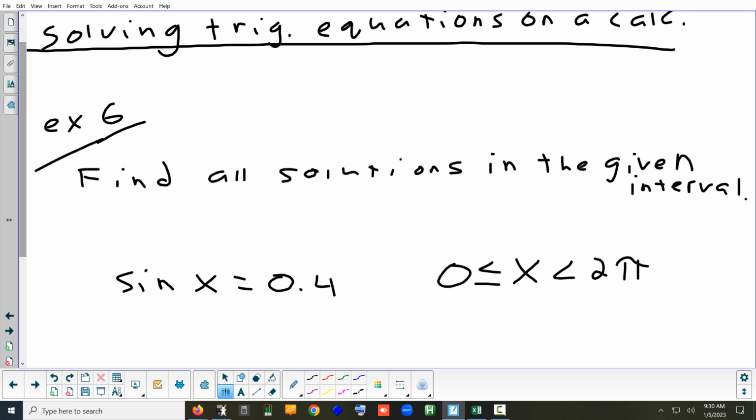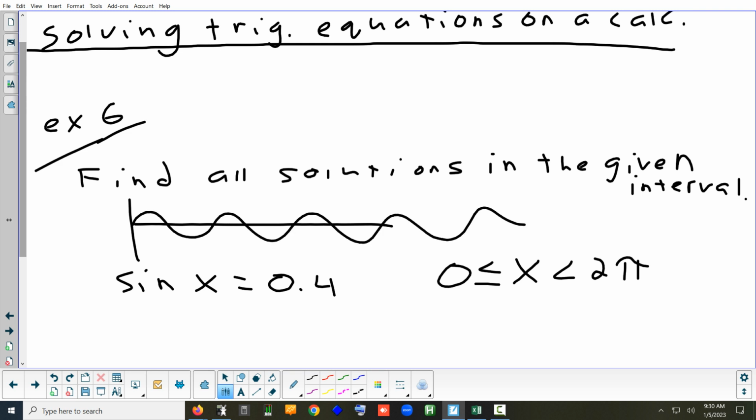Now, think about sine x and 0.4. We know sine x looks like this. It just keeps going. What does 0.4 look like? It's a straight line where?